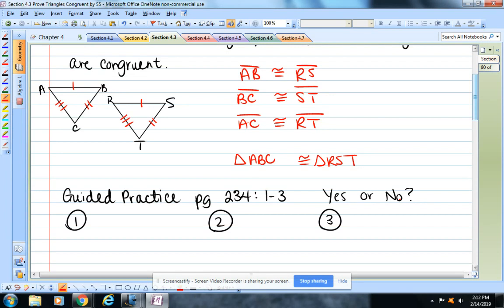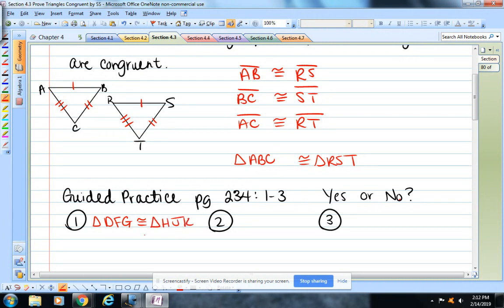All right. So number one says triangle DFG is congruent to triangle HJK. Decide whether the congruent statement is true. Explain your reasoning. So on number one, I'm going to write what it said. DFG is congruent to triangle HJK.